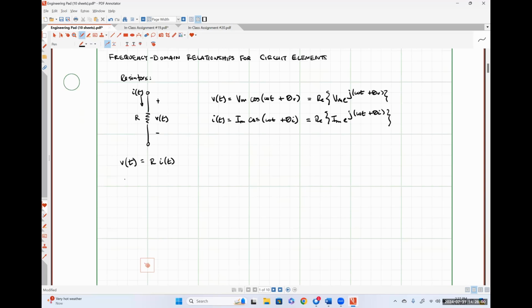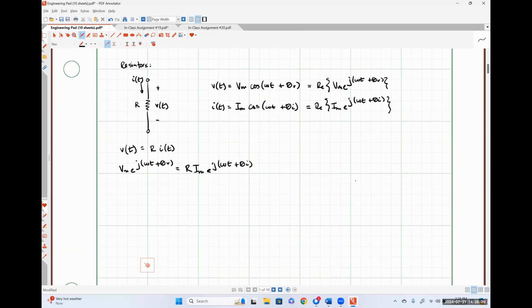So just simple substitution, I'm going to replace v of t with our mixed domain signal, Vm e to the j omega t plus theta v. And this will be equal to r, times our mixed domain current signal, Im e to the j omega t plus theta I.